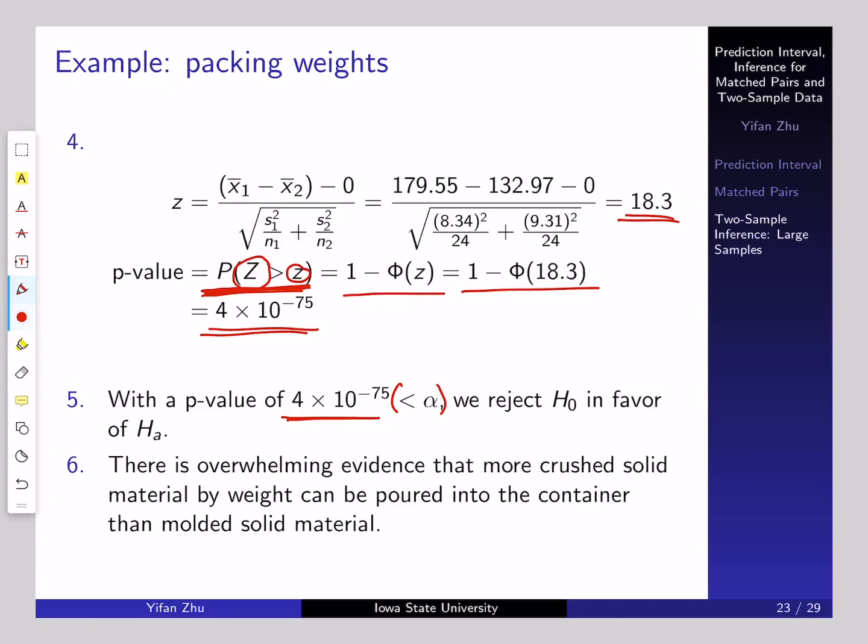So there is overwhelming evidence that more crushed solid material by weight can be poured into the container than the molded solid material. The mean packing weight of the crushed pieces is greater than the mean packing weight of the molded pieces.